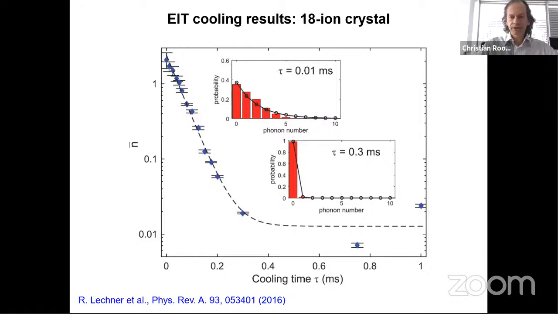And you see that you find the expected thermal distribution of motional states over these phonon states, and that the mean phonon number rapidly goes down and saturates after a few hundred microseconds of laser cooling.